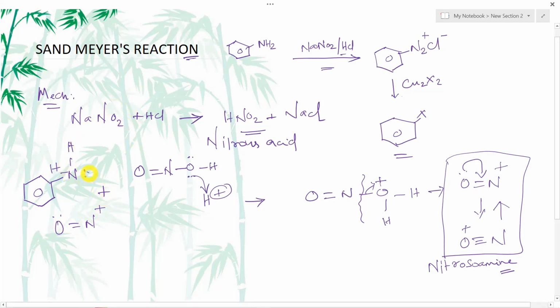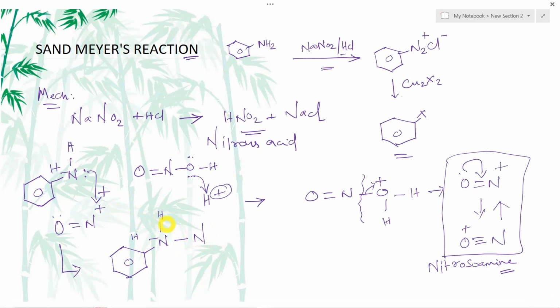This nitrogen gives its lone pair of electrons to this positive charge to make a bond, and that gives rise to N H H. Here the nitrogen has made a bond, right? This nitrogen acquires a positive charge, double bond O. Got it? This is what formed.